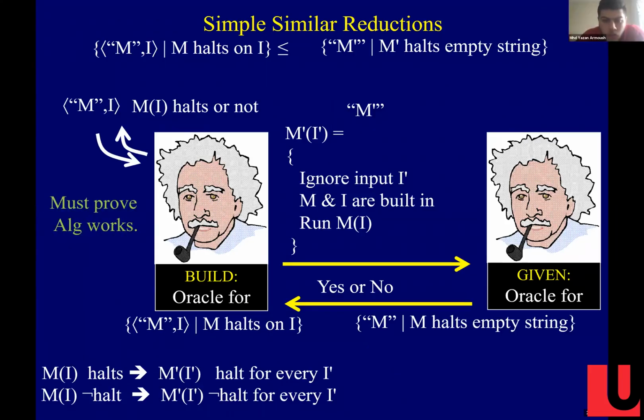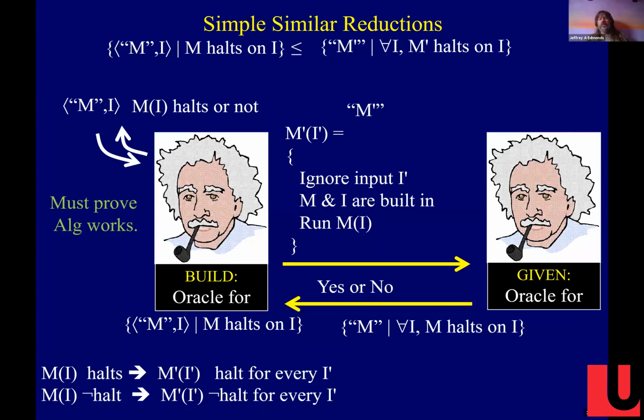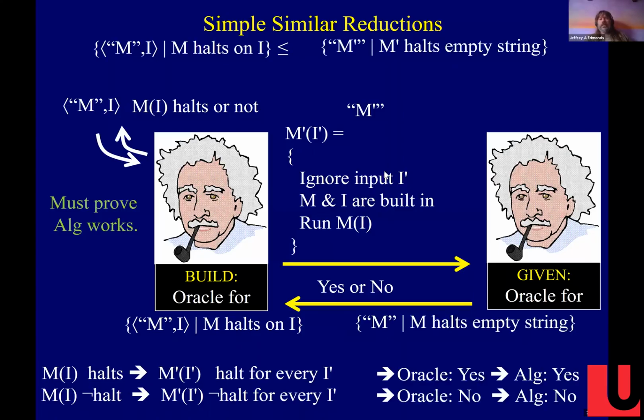So now let's make sure our algorithm works. It's the same as we had before. In fact, we care whether it halts on the empty string. But why does the oracle say yes?